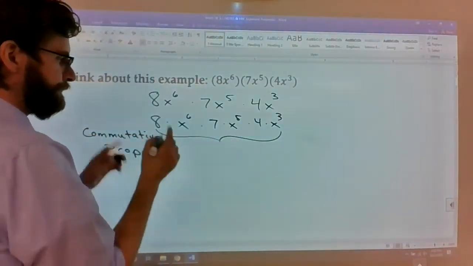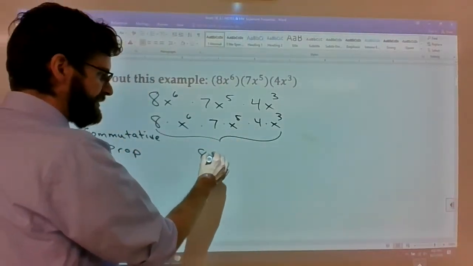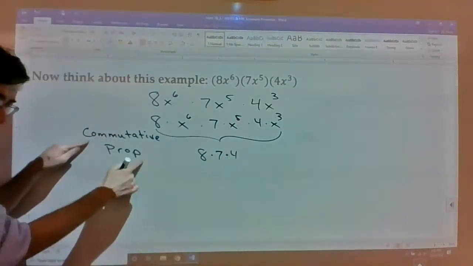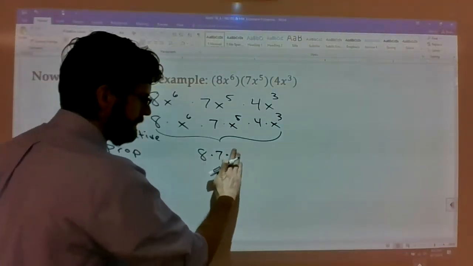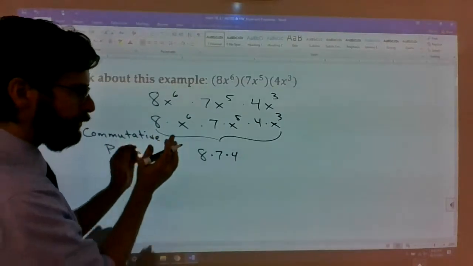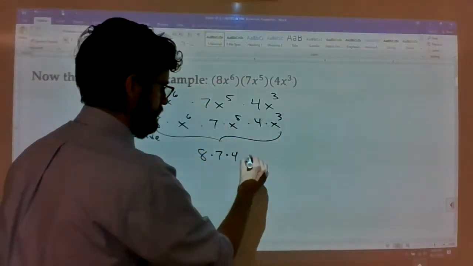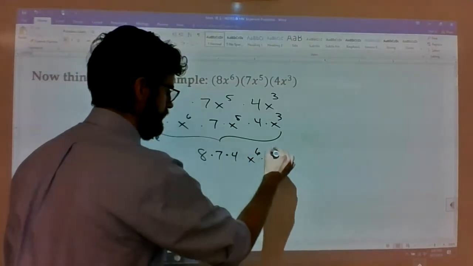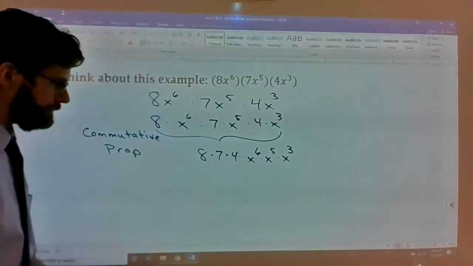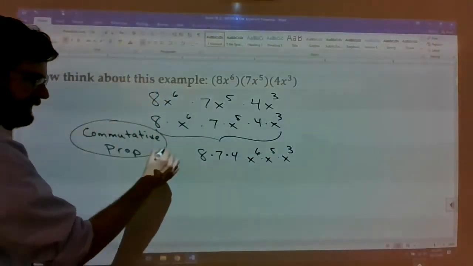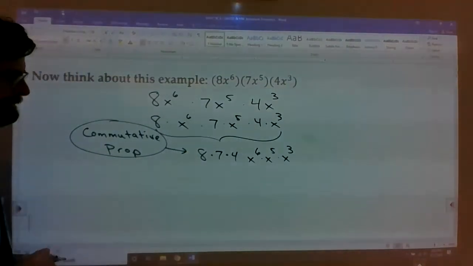So you're going to say, let's do 8 times 7 times 4 using the commutative property, and then we will group the x to the 6, x to the 5, and x to the 3 together. So right here is that step.